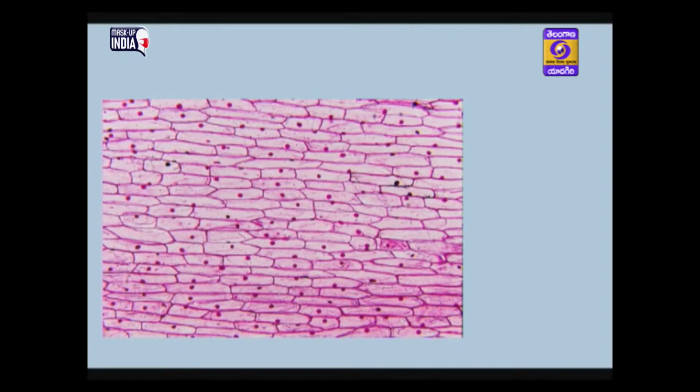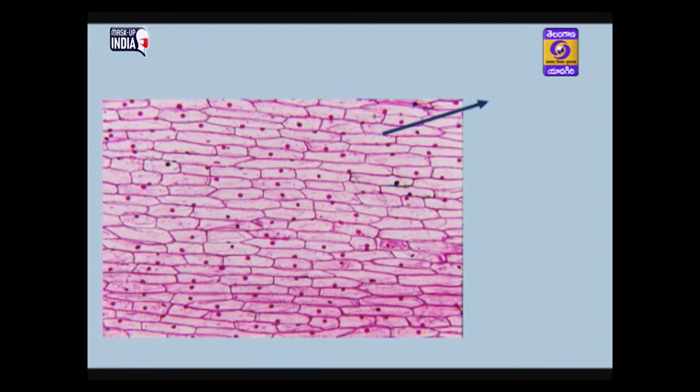Now children, do you remember this picture? Yes, it is the onion peel cells seen under the compound microscope. You can see here cells are compactly arranged and are roughly rectangular in shape. Cells have three main parts.